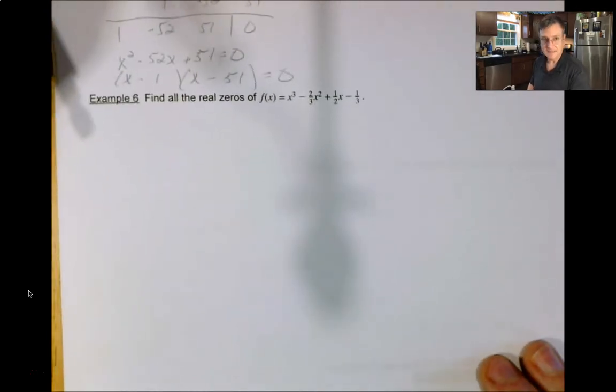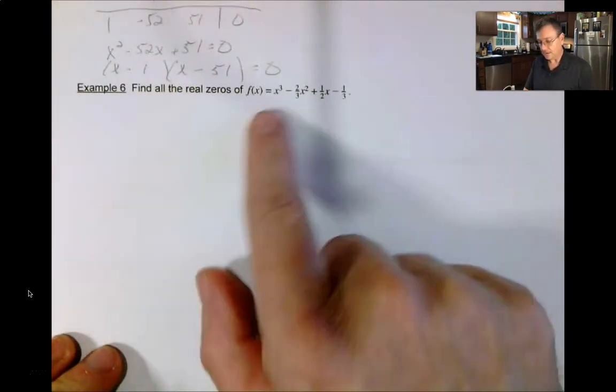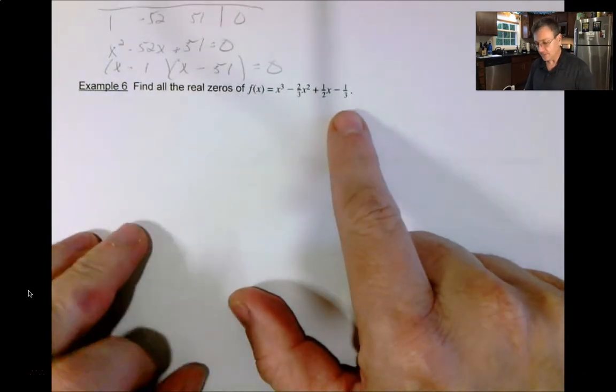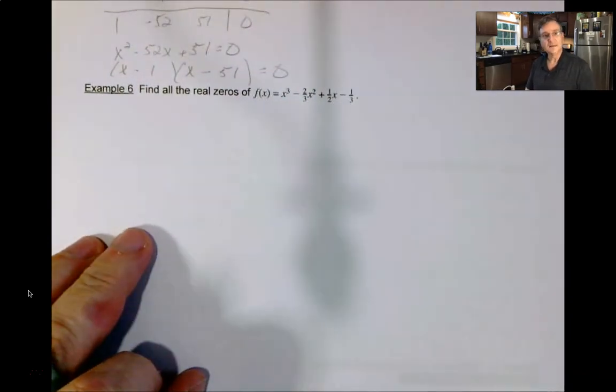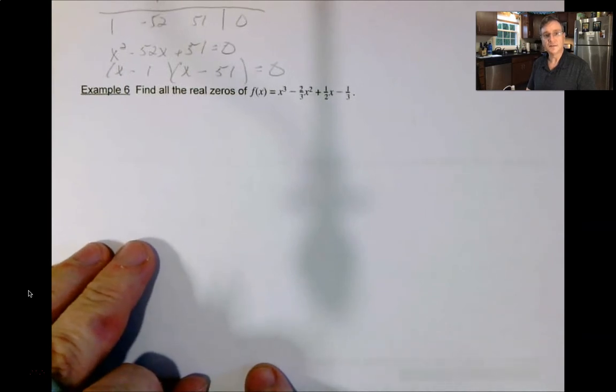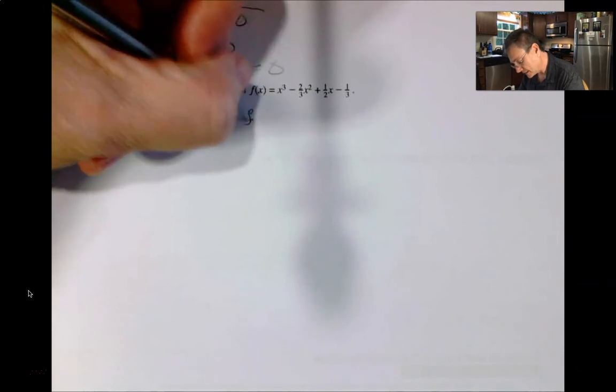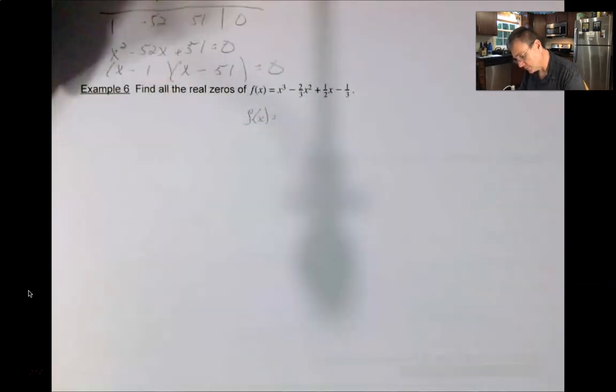All right, so example 6, we get this ugly one here. And before I even hit it with Descartes' rule of signs, with all these fractions in here, let's see if we can make this function easier to work with. So f of x can also be written like this.